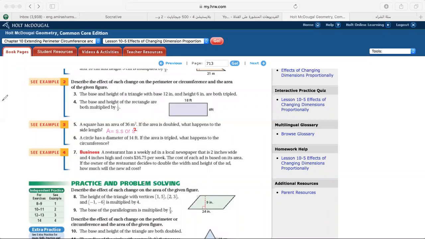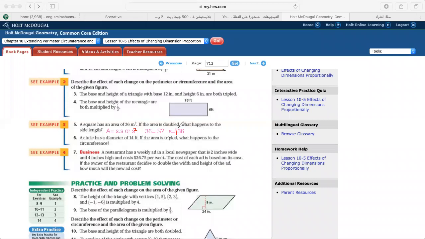Okay, so when the area is 36, what is the side? The side is equal to the square root of 36. It's a little hard to write the mathematical expressions in this program.